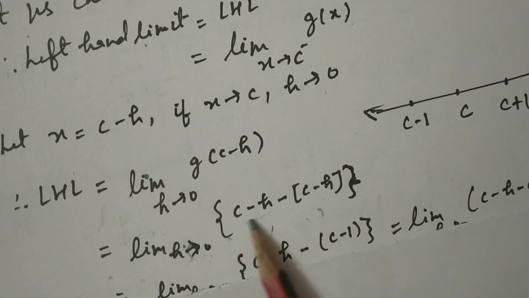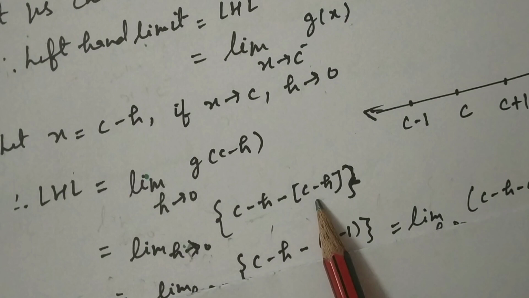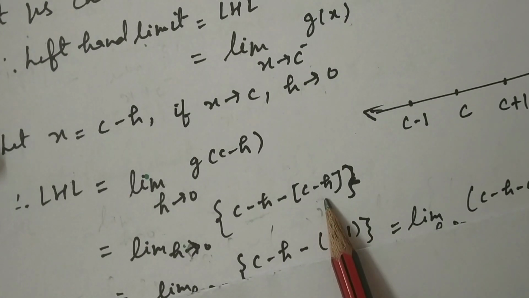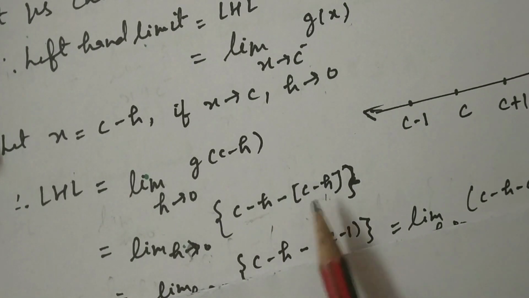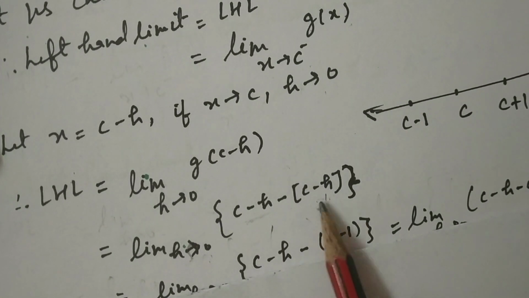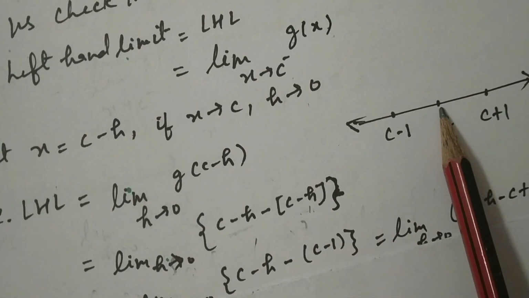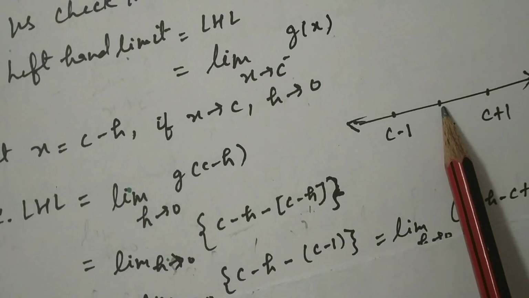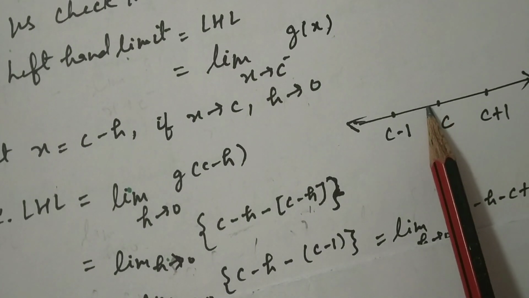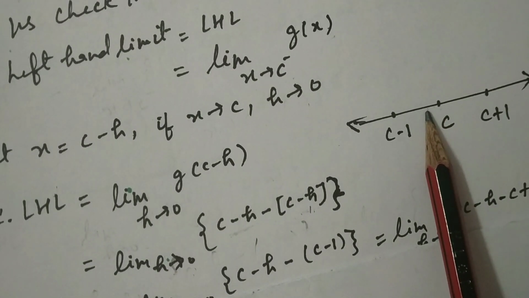Now here it is a polynomial function, but here we need to understand that it is a greatest integer function which takes the value equal or the value on the left side of the integer. Now if I draw a graph here, if c is a point here, then c minus h will lie on the left side of c, somewhere here.